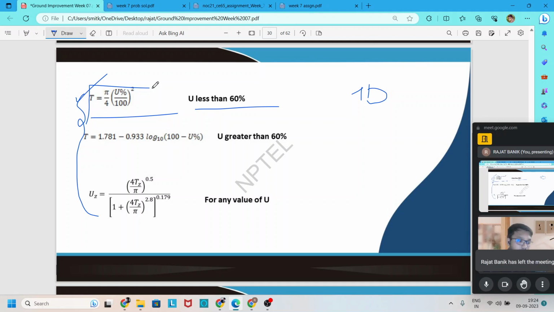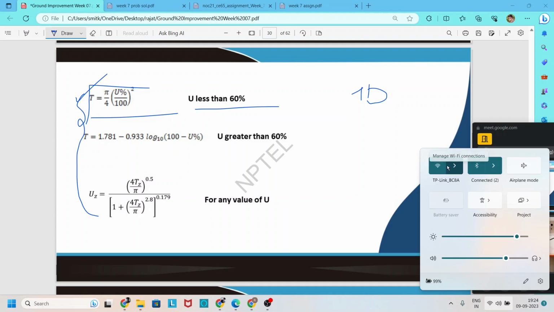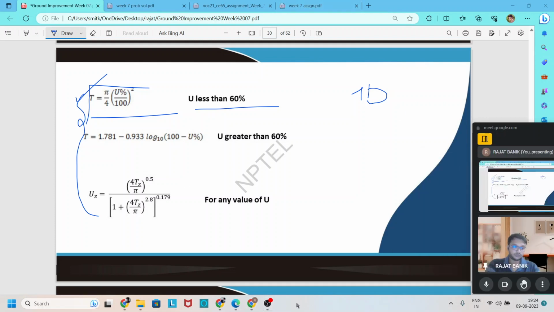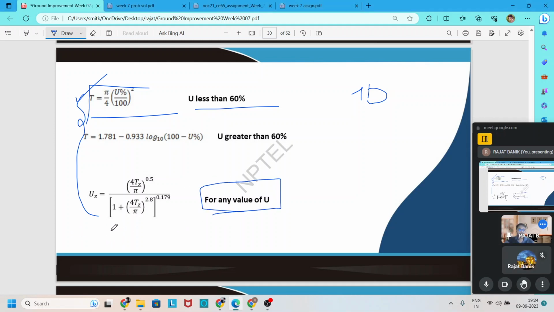And for any case, that means for any value of degree of consolidation, we can apply this big formula.